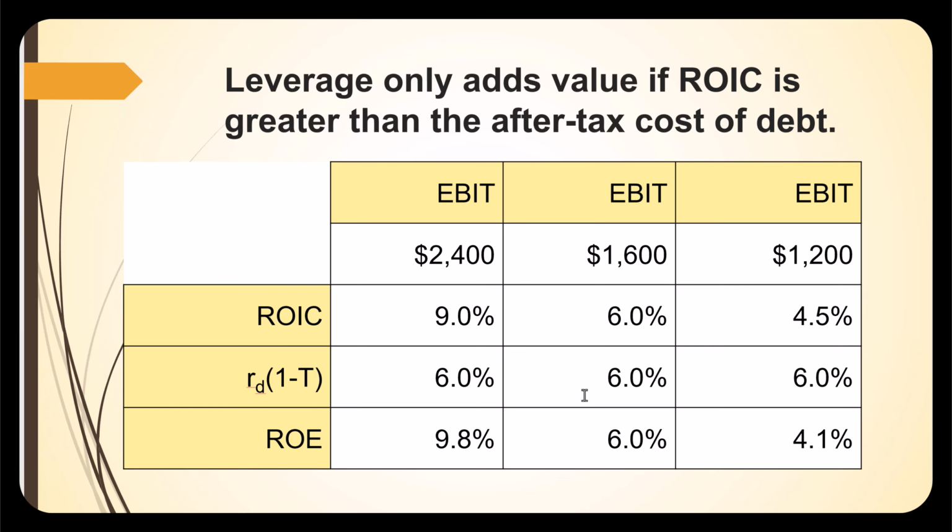The cost of debt didn't change in any of these examples, but what we did find, just to beat this concept to death, is that if you have low income, it is not beneficial to have high levels of debt. The higher the income level, the greater the benefit accrues to the owners of the company. And hopefully that's not earth-shaking. If you make a lot of money, borrowing is not as bad as if you don't make a lot of money.